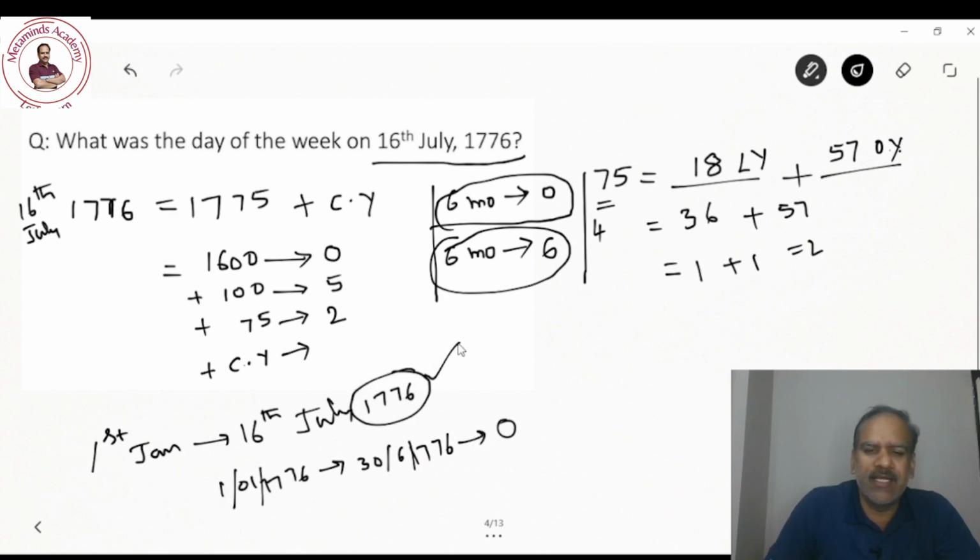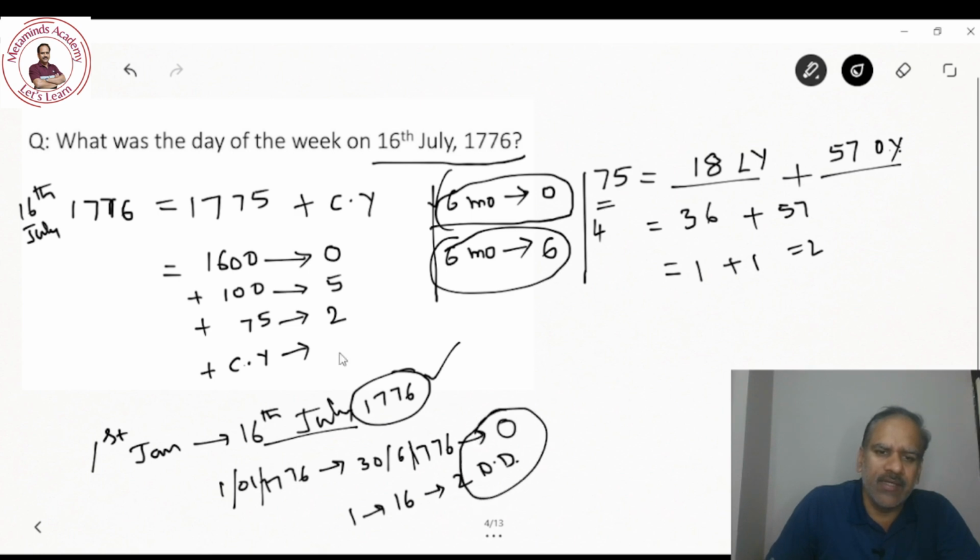It is a leap year. So leap year has 0 odd days in the first 6 months. And the remaining is 1st July to 16th July, which has 16 days. 16 days when you divide it by 7, you will get 2 odd days. So current year has 2 odd days.